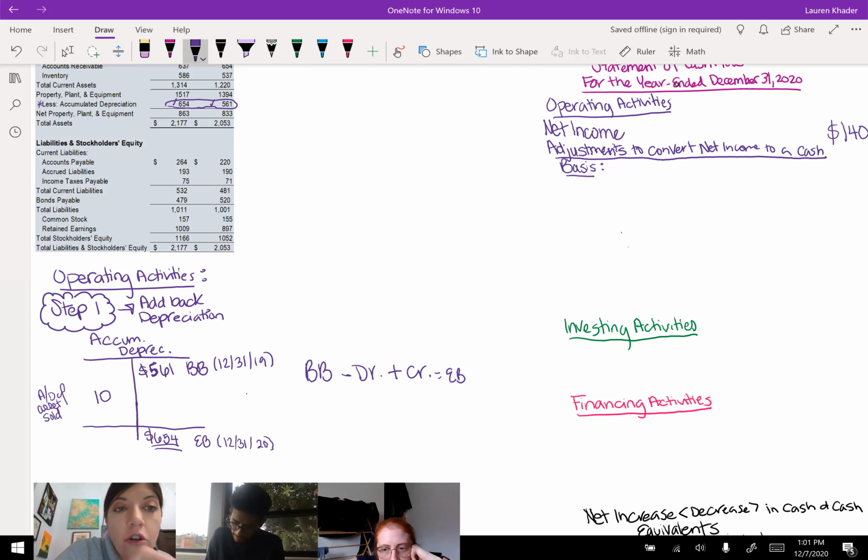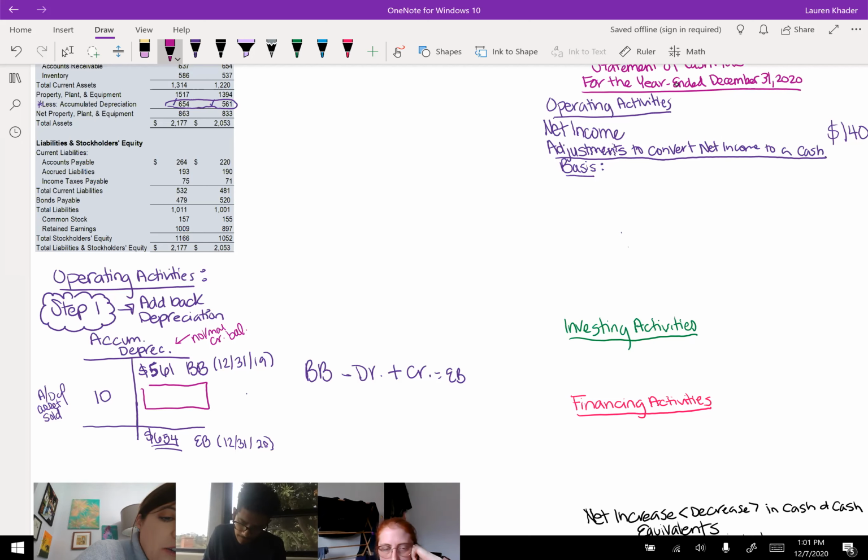So this is a normal credit balance account. So it increases with a credit. It's a contra asset account, which is why it has a normal credit balance. So when we dispose of the asset, we remove the accumulated depreciation of that asset with a debit, and it reduces the account.